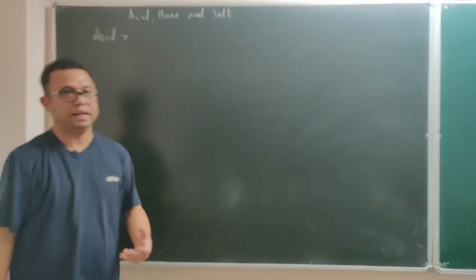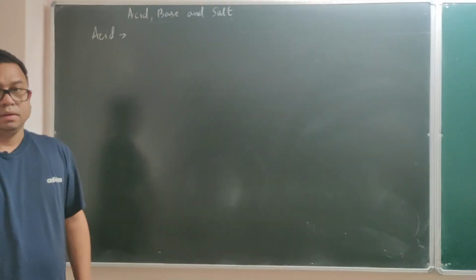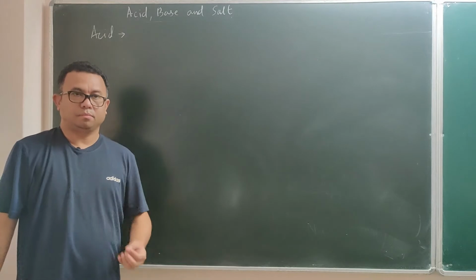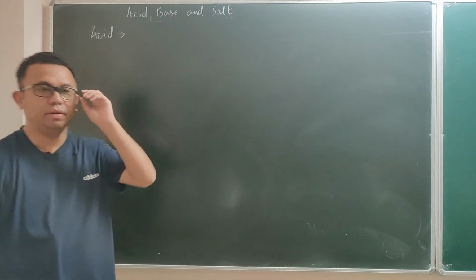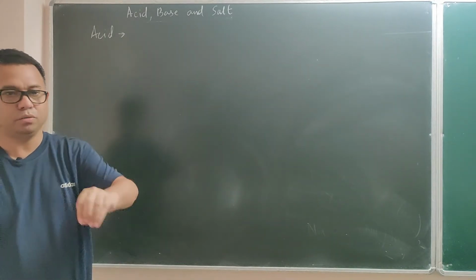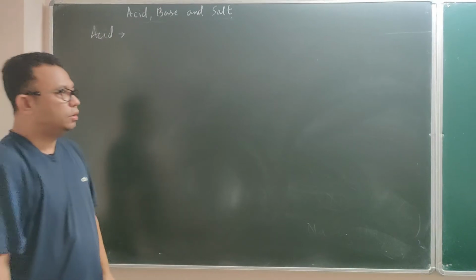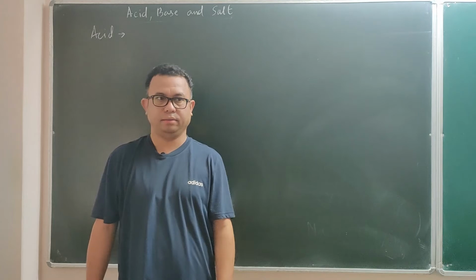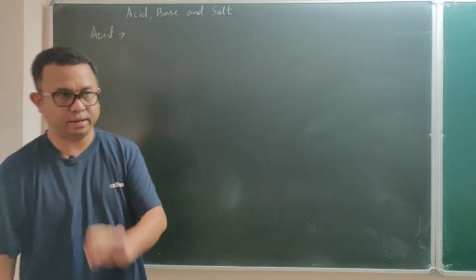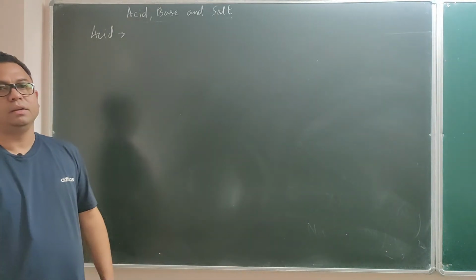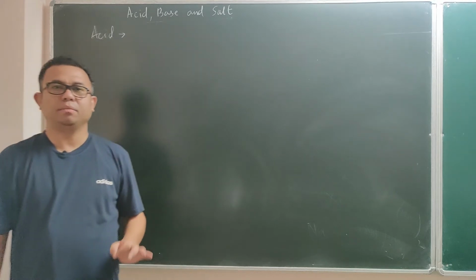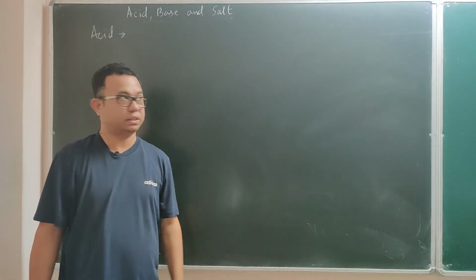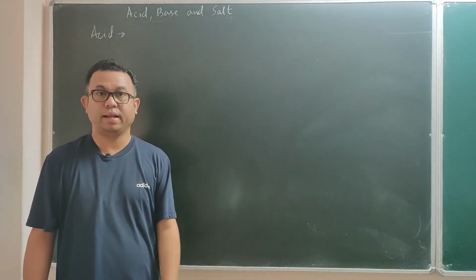Now, what is an acid? Acids are chemical compounds which when dissolved in water, produce only one type of cation, only one kind of positive ion, and that positive ion should be the hydronium ion. In the second chapter we discussed the formation of the hydronium ion, H3O plus.